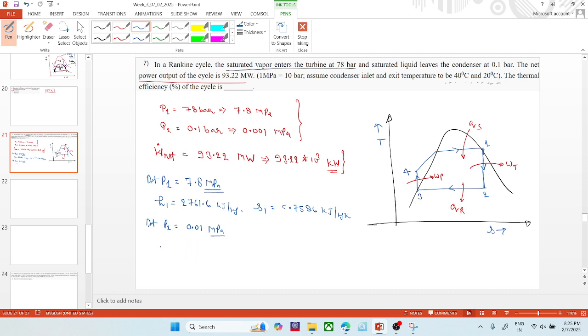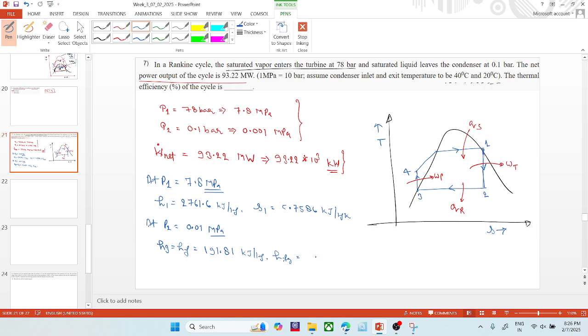Write it clearly. H3 is equal to HF, equal to 191.81 kilojoule per kg.